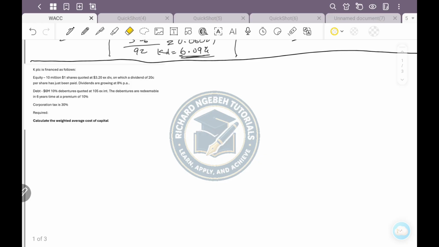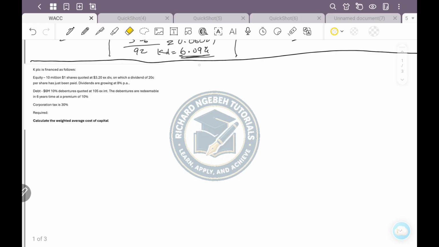Debt: $6 million at 10% debentures quoted at 105 ex-interest. The debentures are redeemable in 6 years' time at a premium of 10%. Corporation tax is 30%. Required: calculate the weighted average cost of capital.